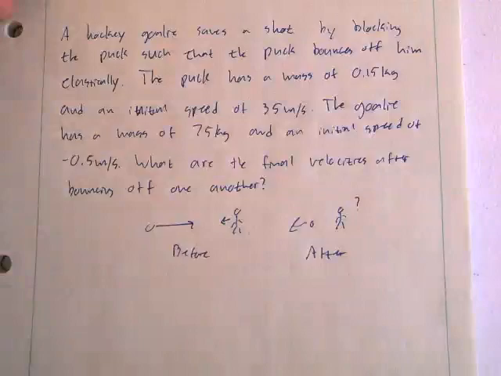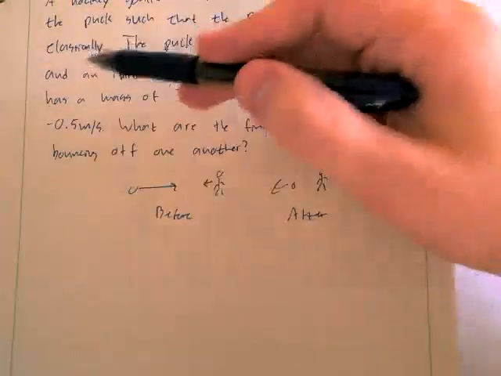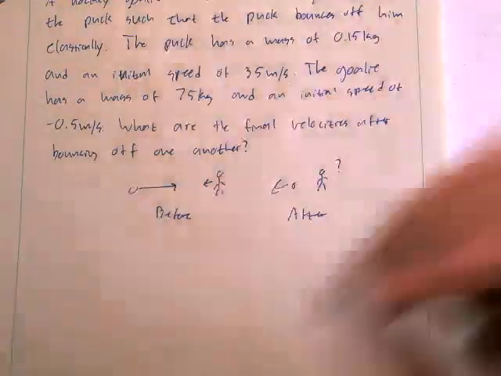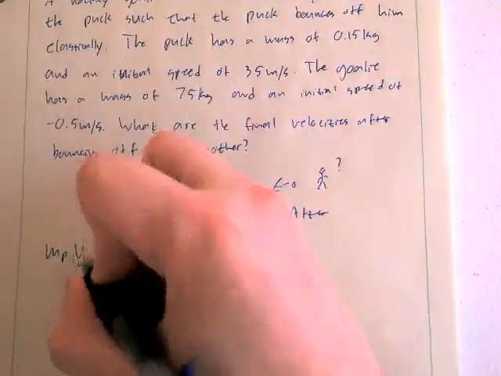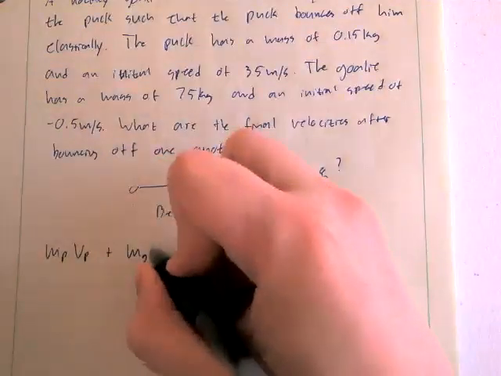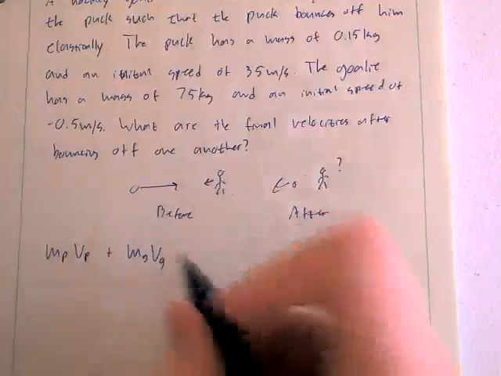Okay, so let's write down our equations that we need to then use, right? Since it is an elastic collision, we conserve our momentum, so we'll do that one first. That's the easy part. We'll say we have mass of the puck times the speed of the puck plus mass of the goalie times the speed of the goalie. As I have this written, I'm just going to keep everything positive.